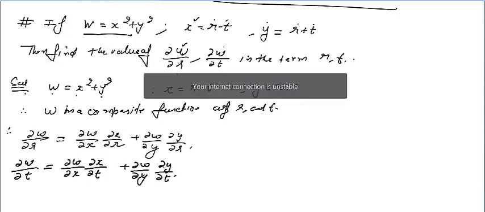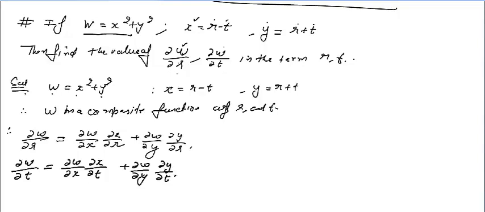So it is very much clear from the question that you need to get all these values. Now we will start. You can take this as question number 1, and take equation number 1 and equation number 2.